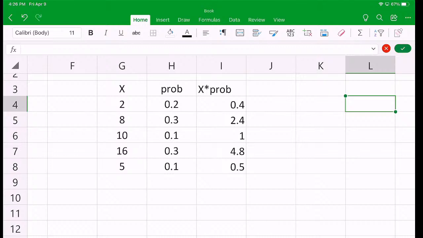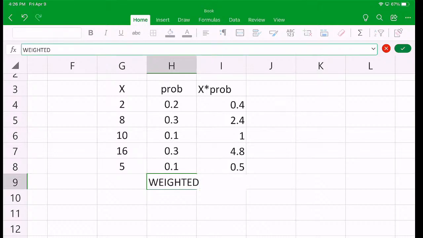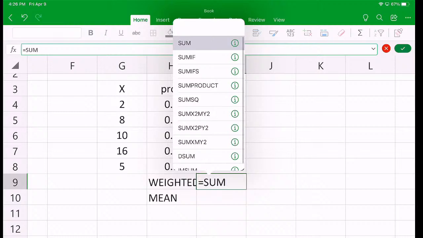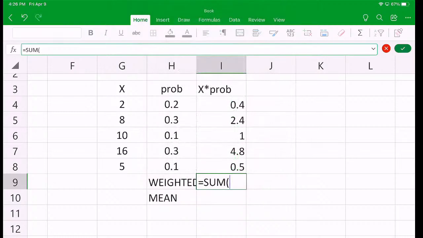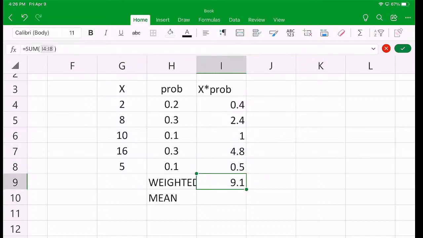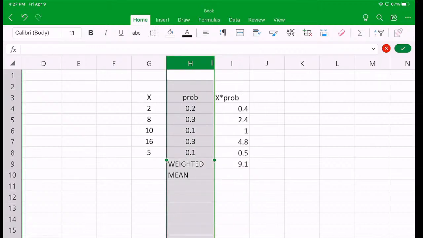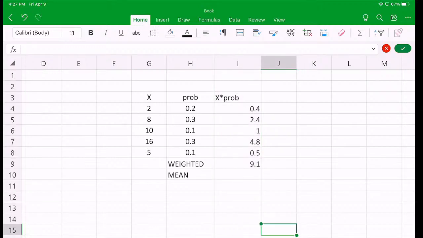So what I've done is I've multiplied them together and then I'm going to sum them, and this will be the weighted mean. 9.1. So you see what I did?